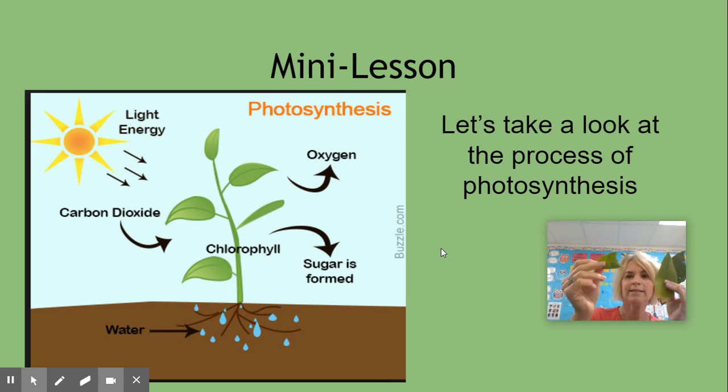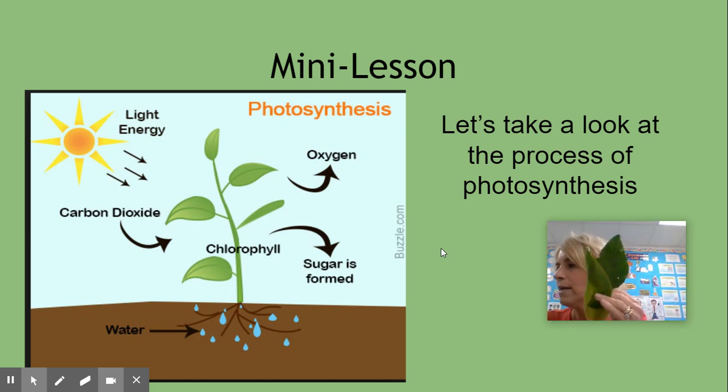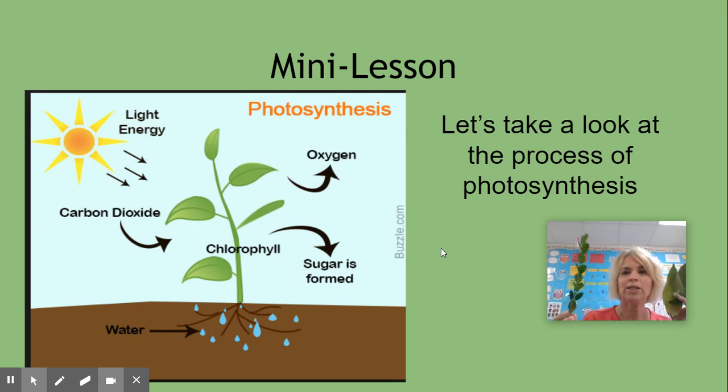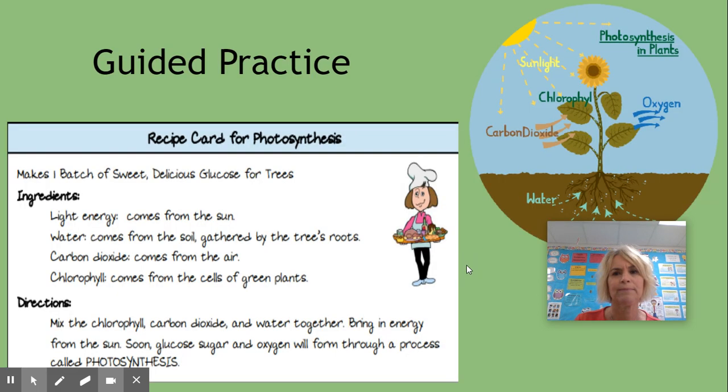They all have the same job, no matter what size, no matter what shape, no matter what shade of green. And the job is to make food. And that happens through the process of photosynthesis.